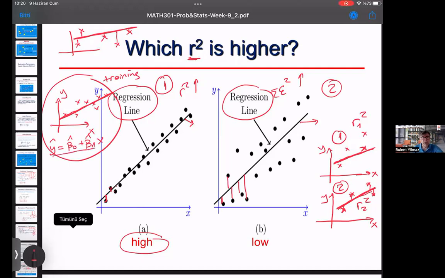You're going to say, okay, there's test data from another person. The weight of that person is, let's say, 65 kilograms. Now I'm going to put the 65 kilograms here. I know beta 1 and beta 0, and I'm going to find the height being, let's say, 172 centimeters. This is the weight, this is the height, but this height is the predicted height.